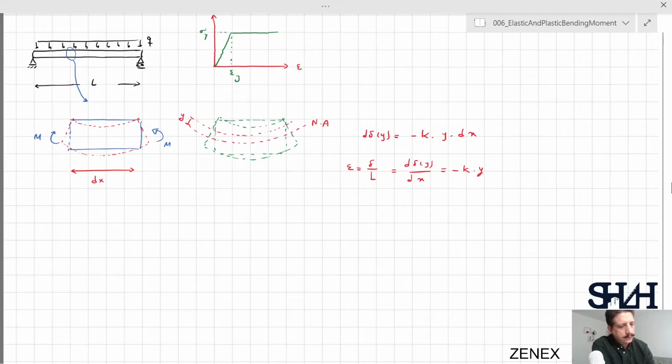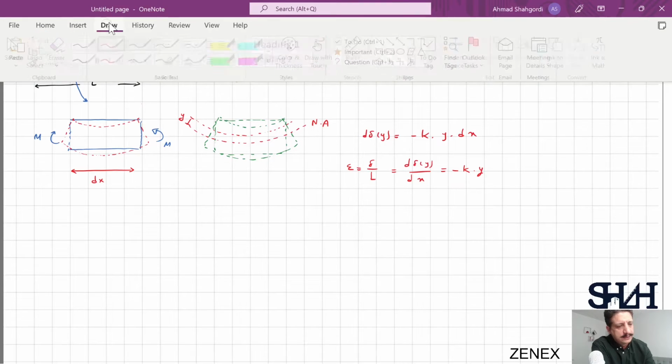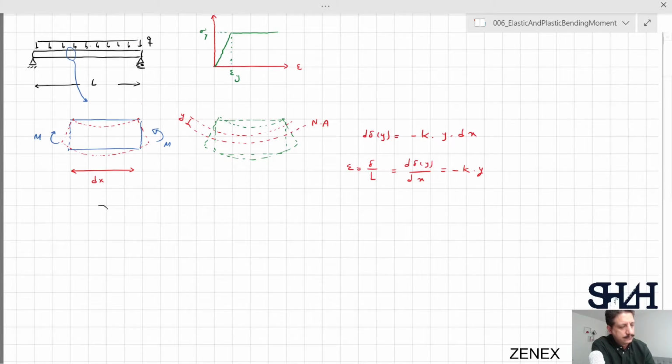Now, if we sketch the element, it doesn't matter what shape we are talking about, and if this is the neutral axis, and we are talking about a tiny ribbon at this elevation, which is at a distance of y, and the area is dA.